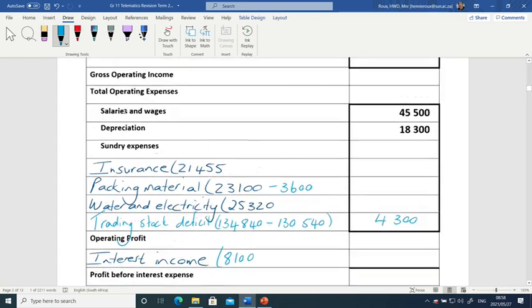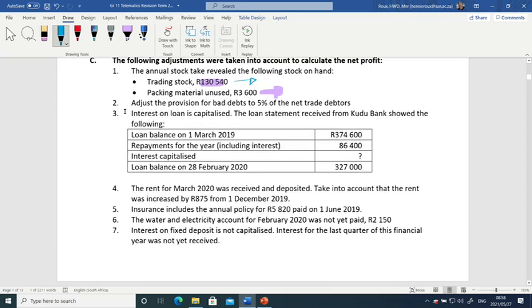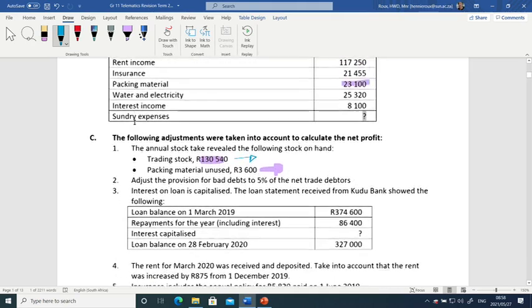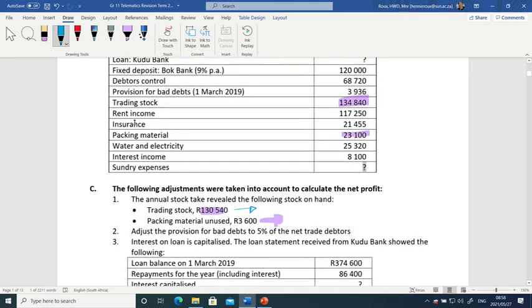We look at the next adjustment. We must adjust the provision for bad debts to 5% of the net trade debtors. The debtors control is 68,720. So we must calculate 5% of that and then compare it to the provision of 3,936.